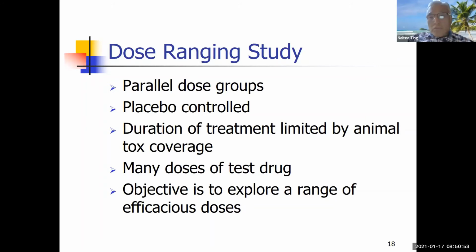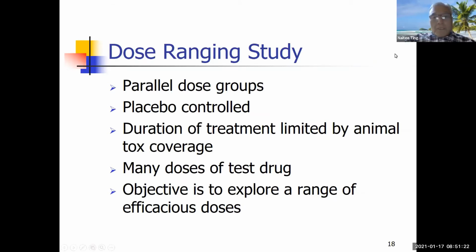Now, the two deliverables of phase 2 are POC and dose ranging. If from the POC study you come up with a no-go decision, then you're done. You're not going to further develop this drug. But if you make a go decision, then the next objective is to achieve dose ranging.